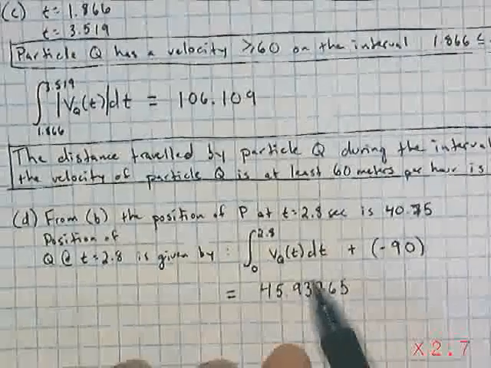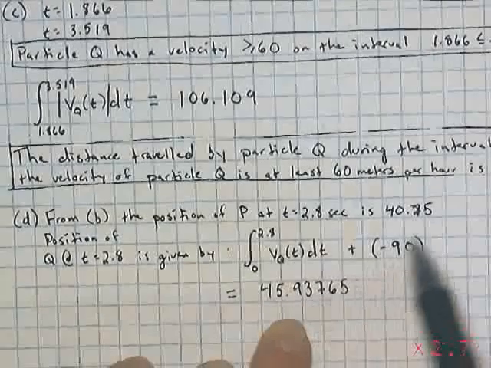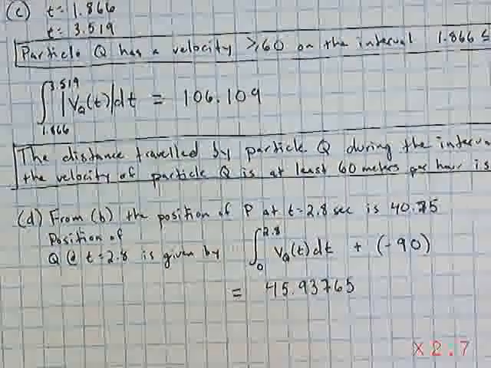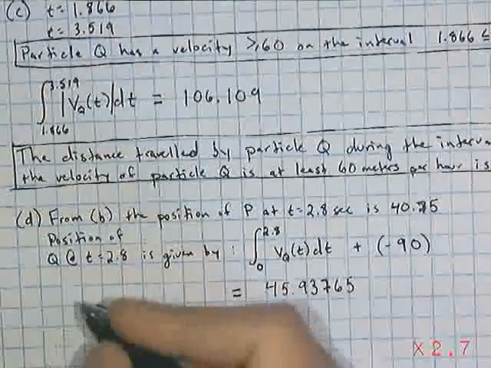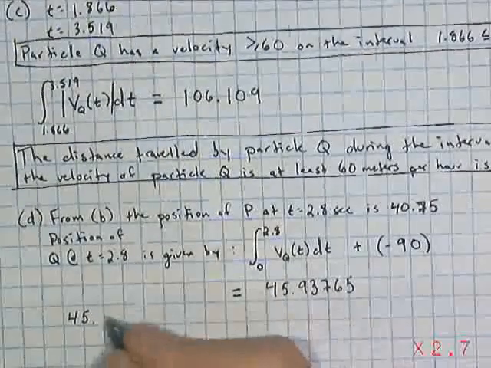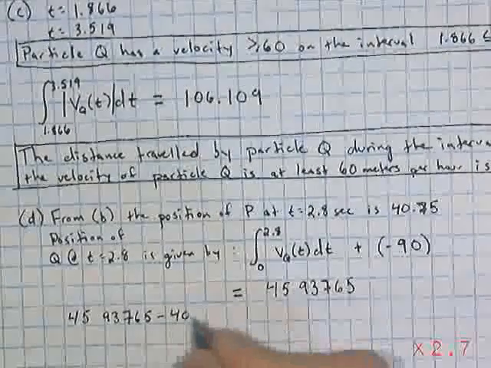So at time equals 2.8, Q is here, P is there, so the distance between them is the difference between those numbers. So 45.93765 minus 40.75.